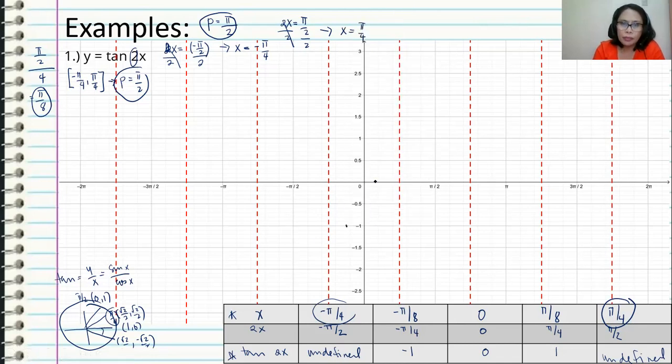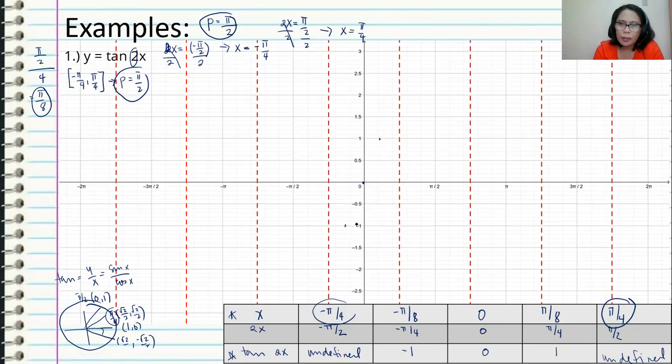And then we have 0 here, 0, 0. And then we have pi over 4, in between 0 and pi over 2, but it's 1. Okay, so we will connect these points.